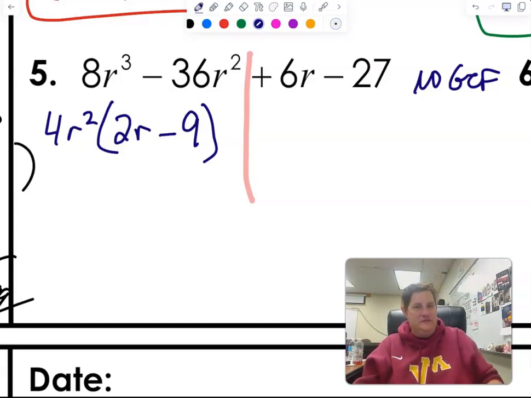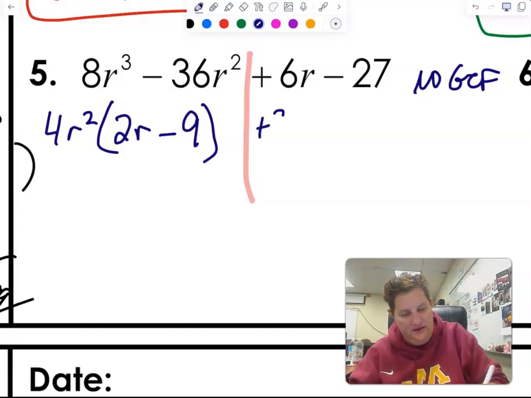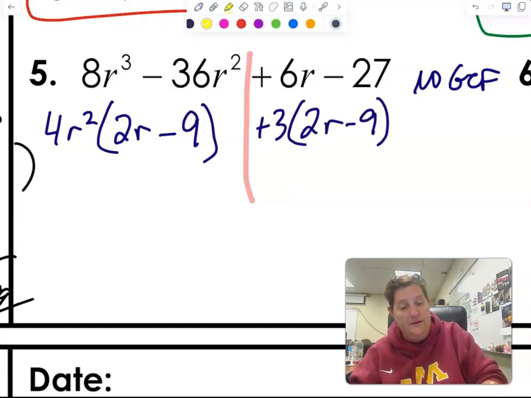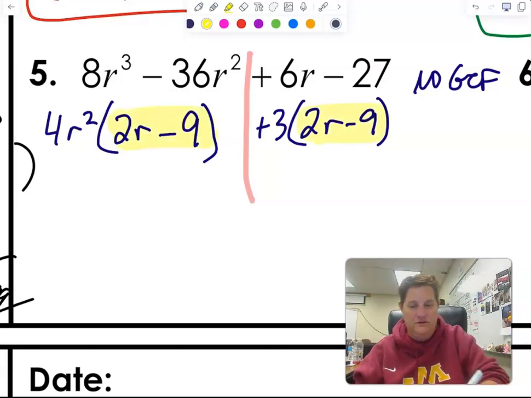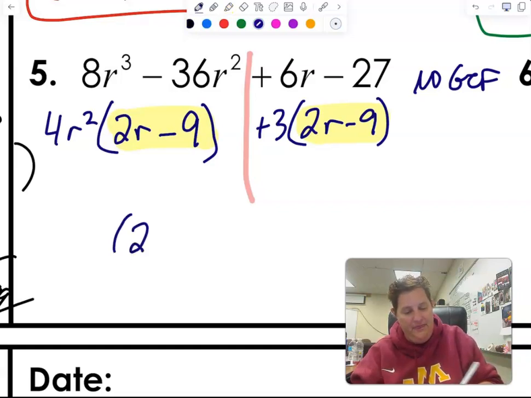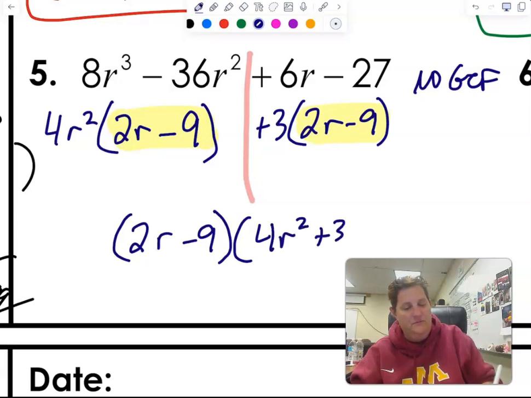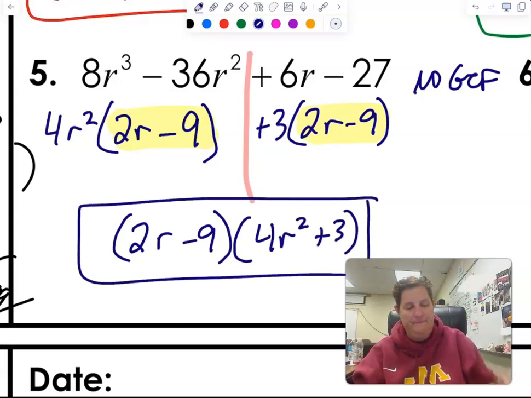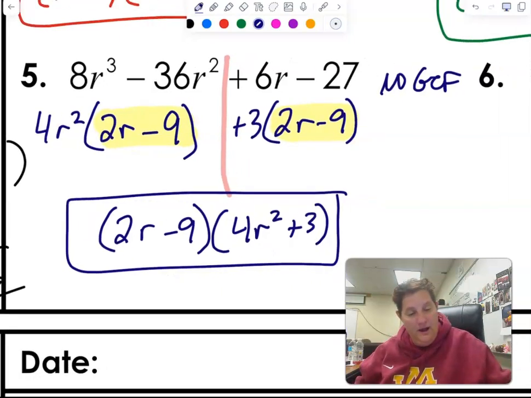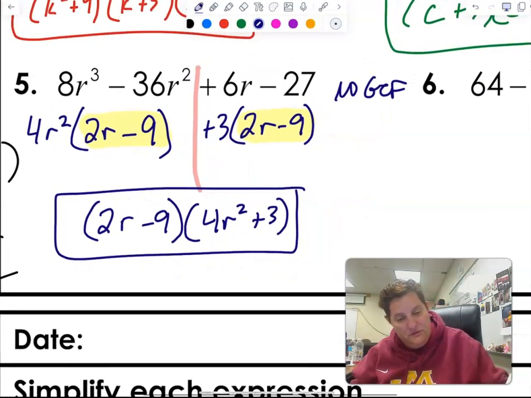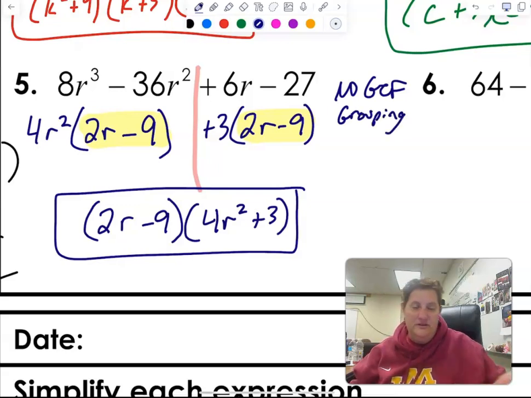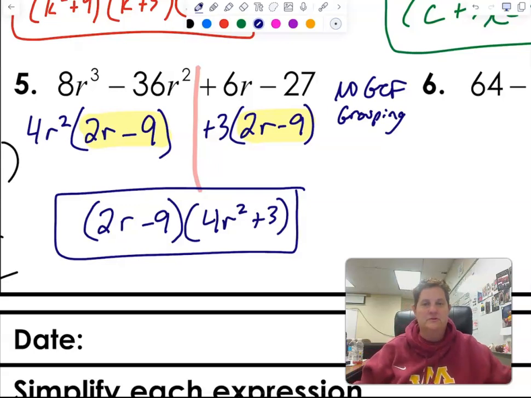Okay, and then on this side, 6 and 27, I can take out a 3, and I'm left with 2r minus 9. And the whole point of grouping is that you get it so that the inside parts that are left over match, and you write that one time, and then you write 4r squared plus 3. That's your answer. So this was 4 terms. I checked to see if either of those can keep going, but neither of them is like perfect squares. All right.